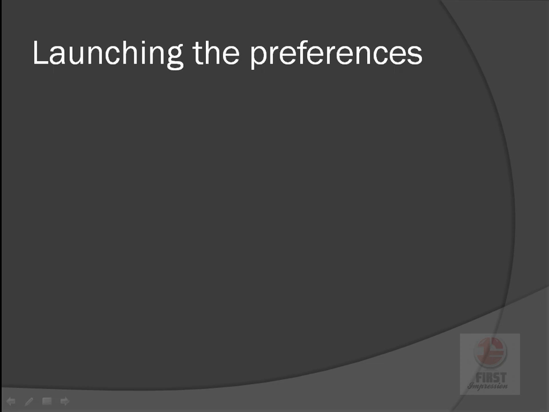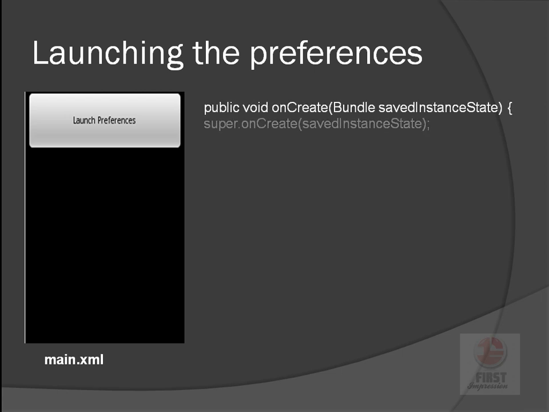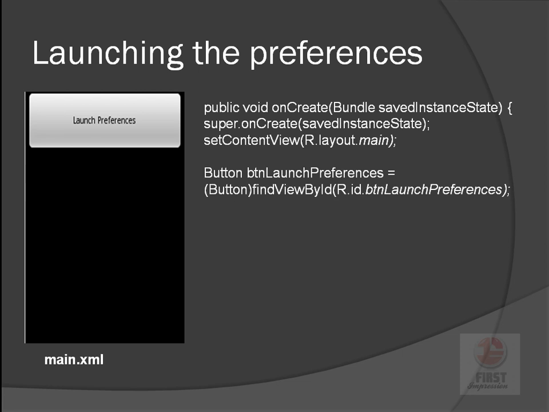Now let's add the code for the main activity. We have the activity main.xml file and inside the onCreate method, we have super.onCreate, we have set content view. Let's get the reference of the button by saying btn launch preferences equals button, find view by ID. That's very obvious now.